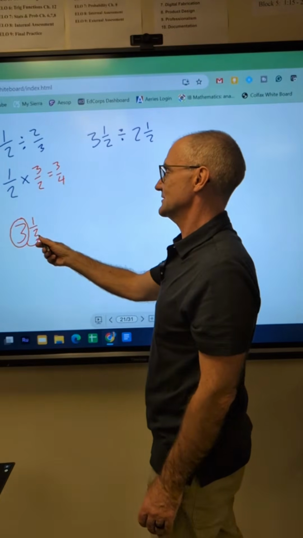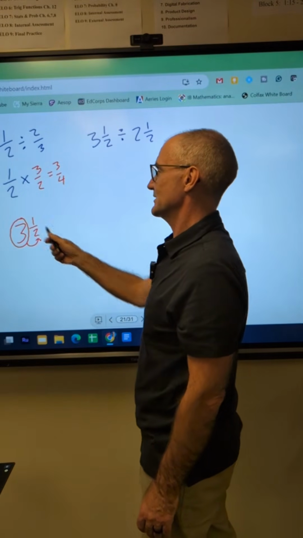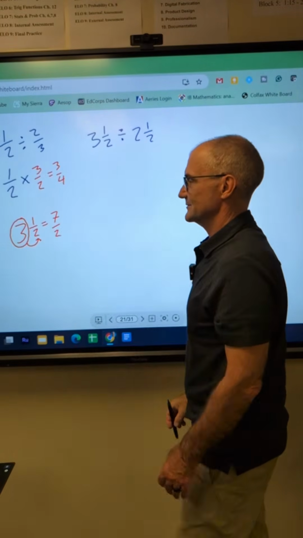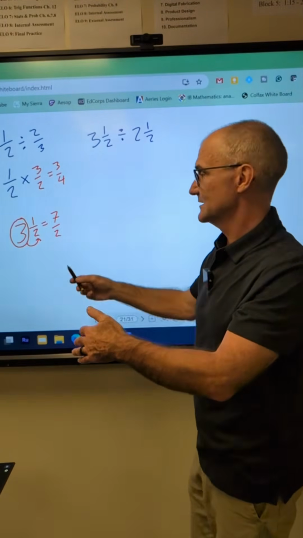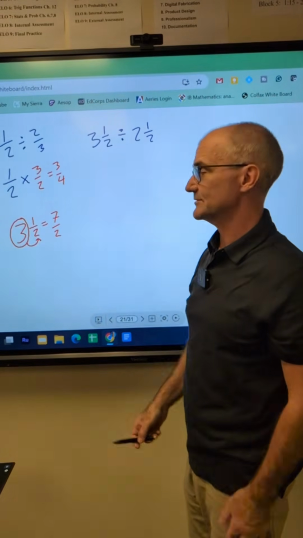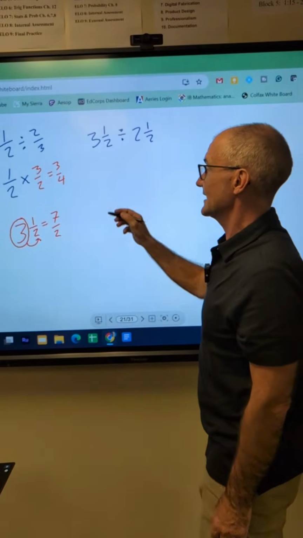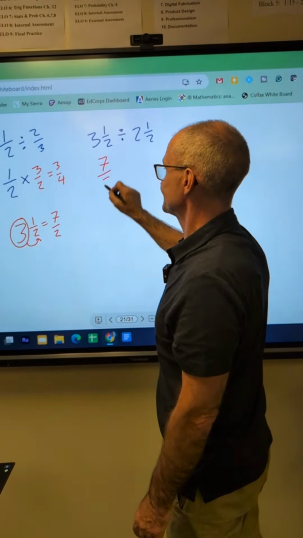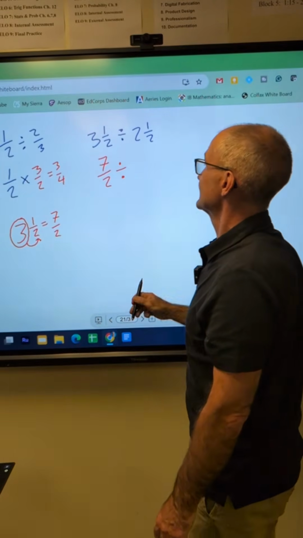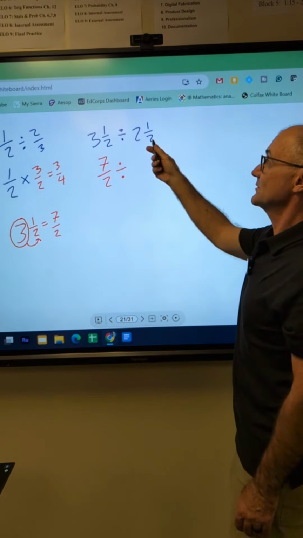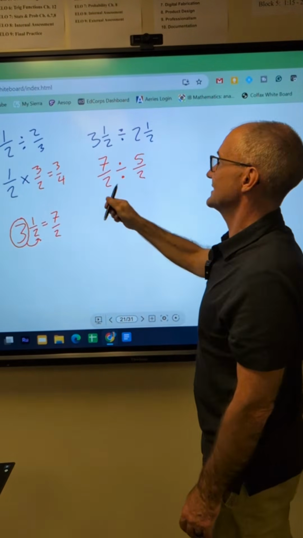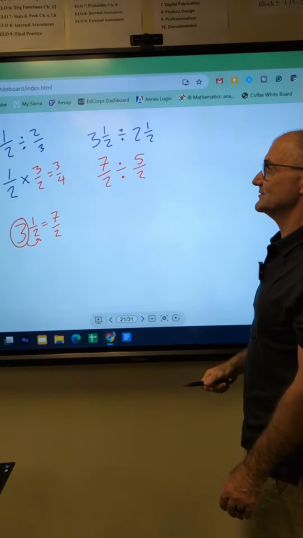So 3 times 2 is 6. 6 plus 1 is 7, so 7/2. Let me double check that by reversing it. 2 goes into 7 3 times with 1 left over. So I take that 3 1/2 and convert it to 7/2. I'm still going to stick with my divided by here. 2 times 2 is 4. 4 plus 1 is 5. So I have 7/2 divided by 5/2.